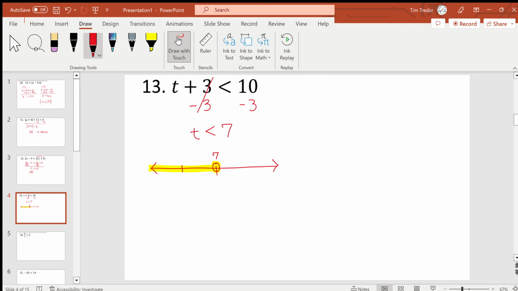We can put a couple numbers over here. 0 is less than 7, and one number over here, 10 is greater than 7, so it would be on that side of the number line. To express my answer in interval notation, I am going to go from negative infinity to 7. Since we're including 7, I'm going to use a bracket.